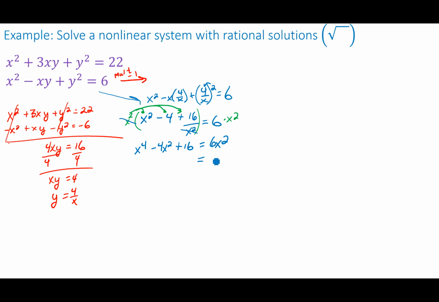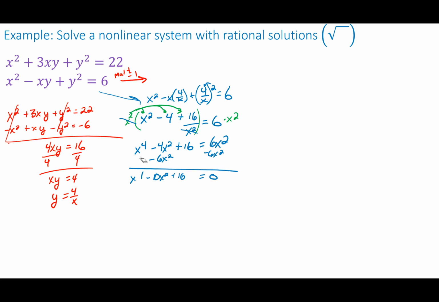Well, I have the makings of a quadratic, so let's subtract 6x squared from both sides to set it equal to 0. So now I have x to the 4th minus 10x squared plus 16 equals 0.